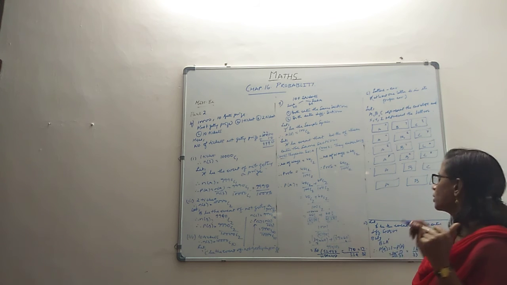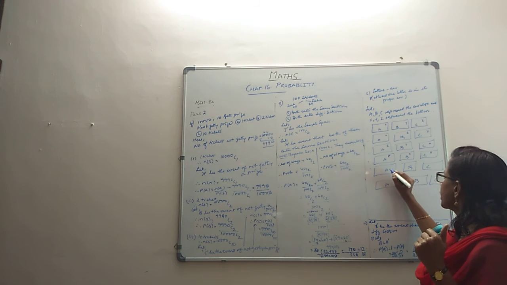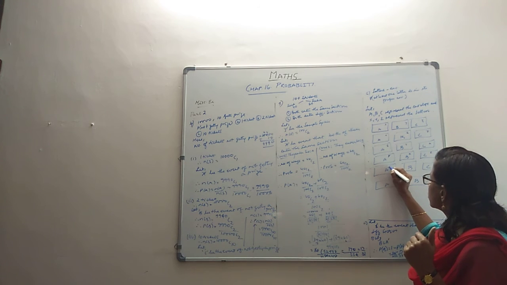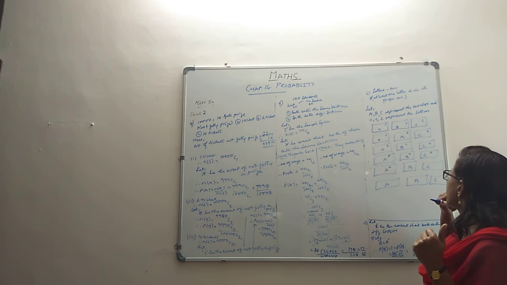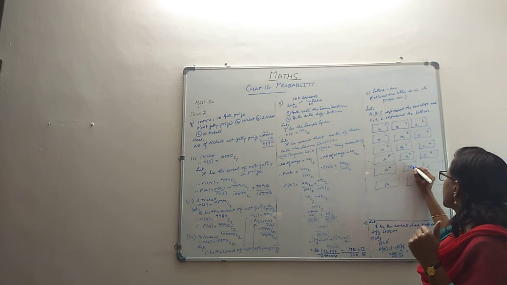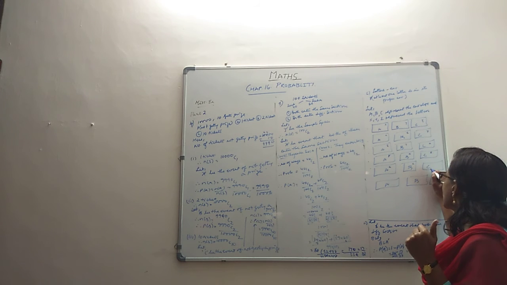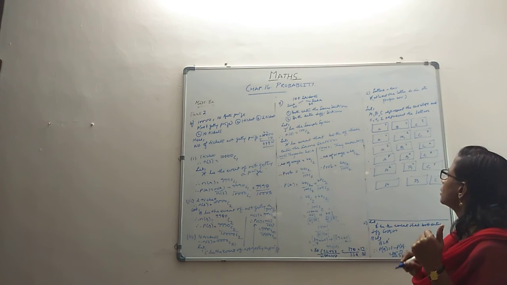Okay, nothing is proper. So for example, suppose A has got Z here, then B can have X and C can have Y, right?